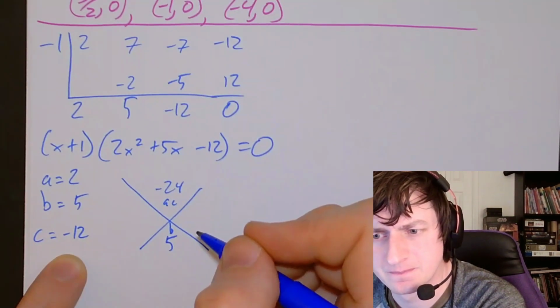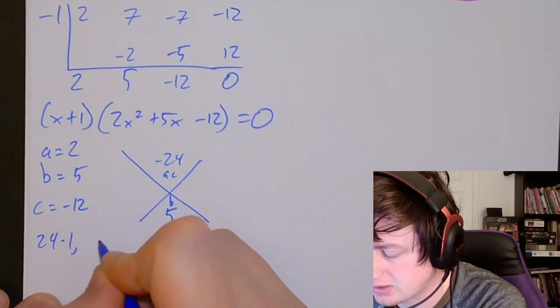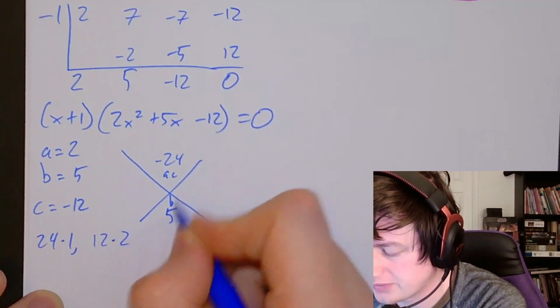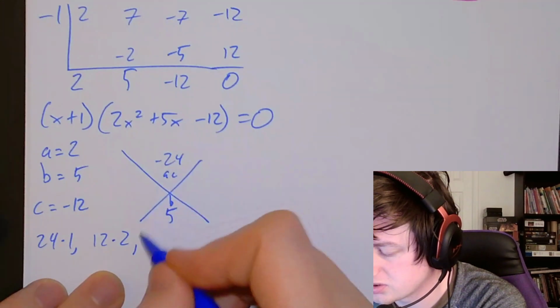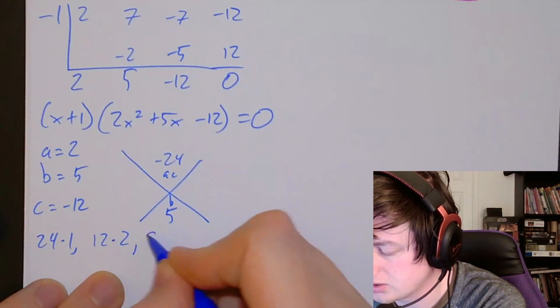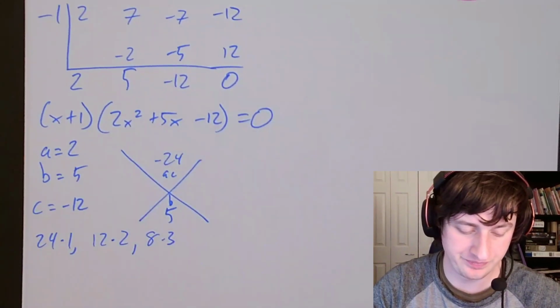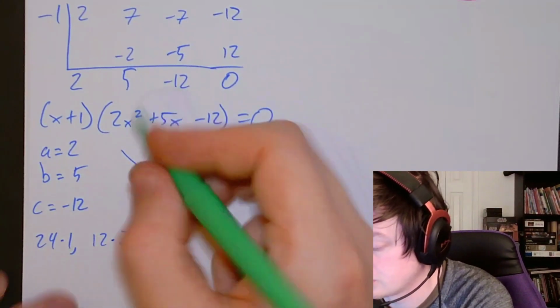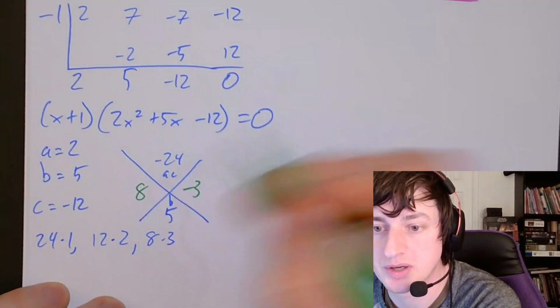I don't know. 8 and 3? Well, so 24 times 1, it's not that. 12 times 2, it's not that. Doesn't combine to make a 5. Yeah, 8 and 3. That'll make a 5. So it's 8 and 3, but the 3 is the negative number, because when they add, they make a positive, so the bigger one's positive.